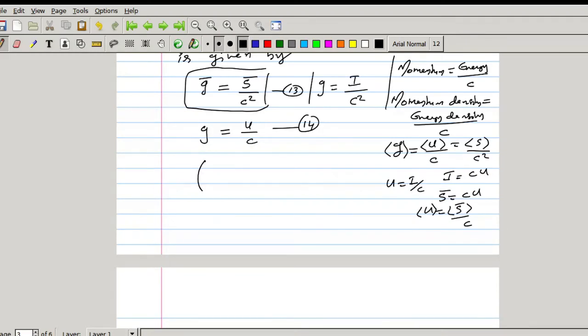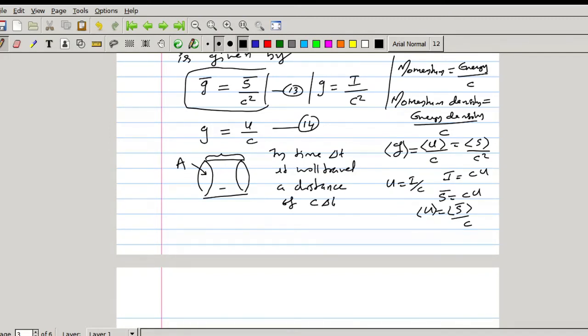Consider, let this area be A, and the wave is propagating along this direction. This represents Z direction, and it is moving with a velocity C. So in a small time interval, in time delta t second, it will travel a distance of C delta t.